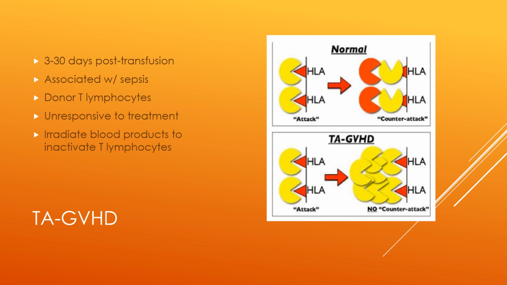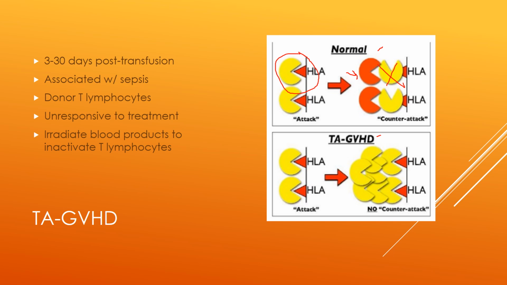That's a problem. Now normally, if you get a white cell responding against the HLA, as you see here in the Pac-Man-looking picture, we do have immune suppressive cells that are able to detect that and cancel it out. Well, that's lovely. Unfortunately, patients who experience transfusion-associated graft versus host disease are usually missing that suppressive cell.